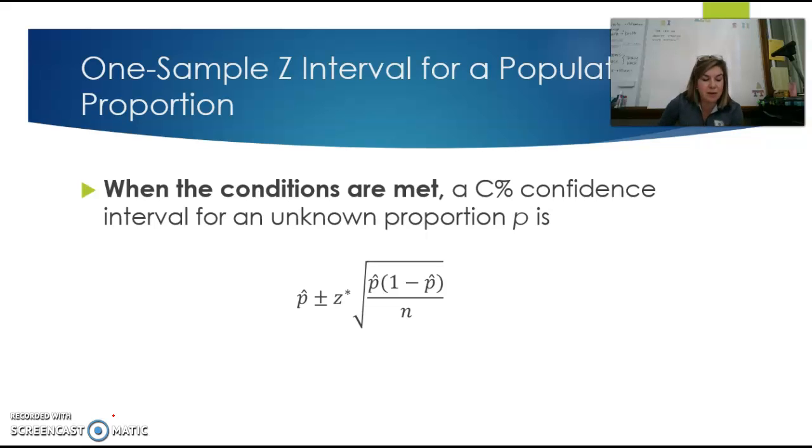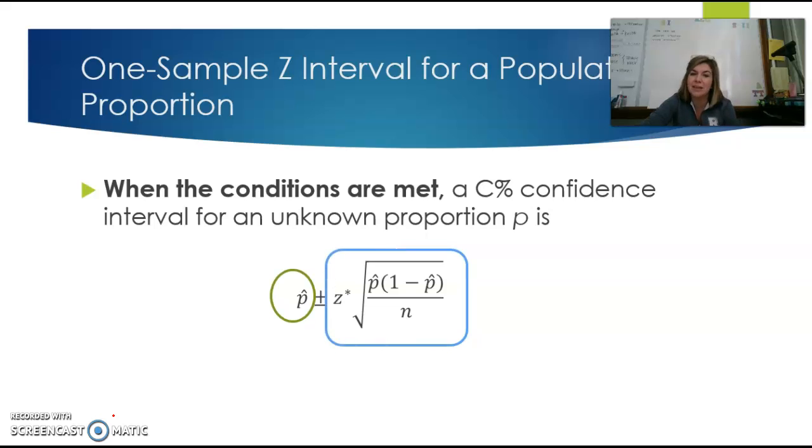A one sample z interval looks like this. I'm going to have you write it down, and a lot of these should look familiar. We have our p hat, which is our sample statistic. And then this should look familiar as the standard deviation for the proportions.